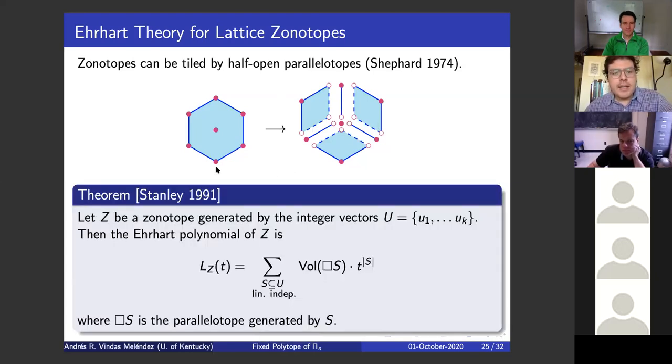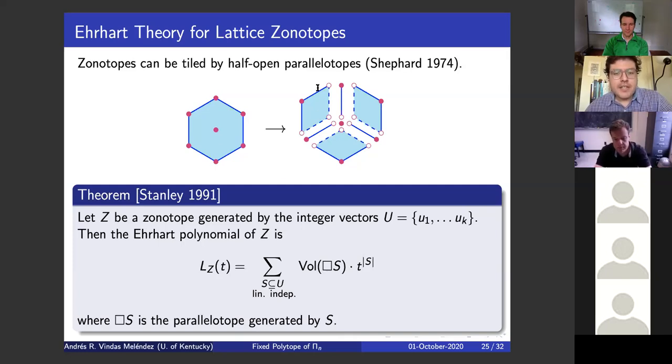And so Richard Stanley in '91 gave us a formula for the Ehrhart polynomial of a zonotope. So if we take Z to be a zonotope generated by integer vectors U, where U is the set U1 through UK, then the Ehrhart polynomial of that zonotope is the sum over all subsets of U of the volume of the parallelotopes generated by those subsets, okay?